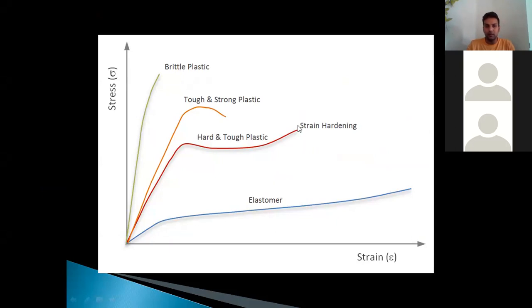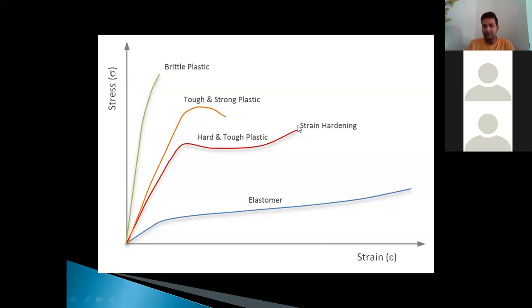The material which is more elastic will definitely have a higher elastic limit, and the material which is very less elastic will have a very low elastic limit and less capacity to behave elastically, and it will show brittle deformation very easily.